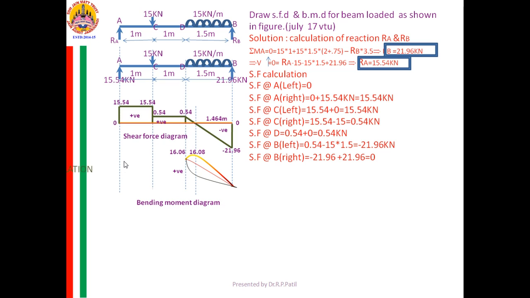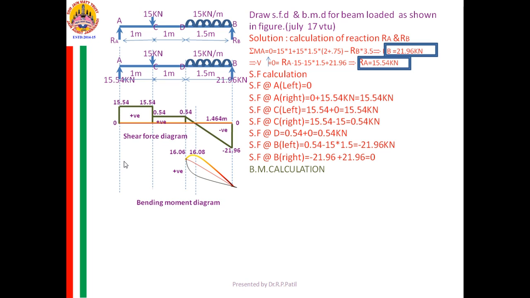Now we are going for the BM calculation. Where all do we need to calculate the BMs? At point load, at start and end of the UDL, left and right of the couple. Yes, couple is not there.